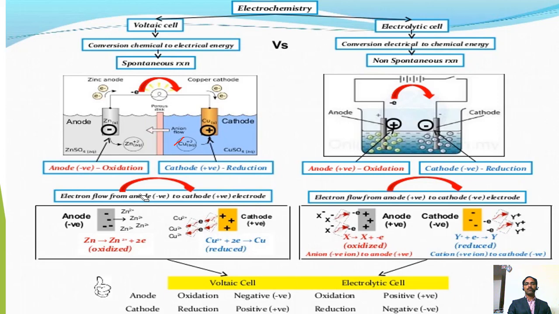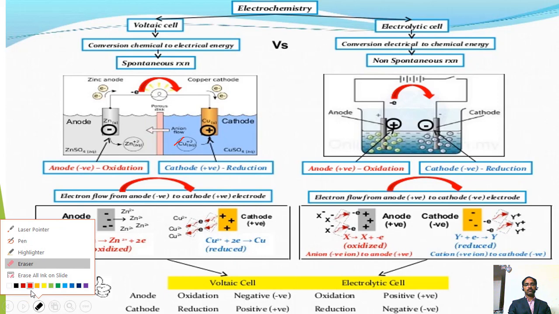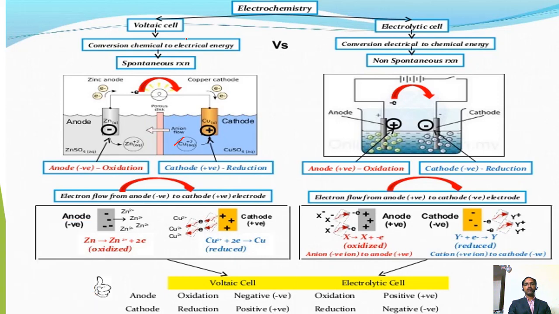You can see one flowchart here. Electrochemistry has mainly two types of cells, voltaic cell and electrolytic cell. In the voltaic cell, there is conversion of chemical energy to electrical energy.